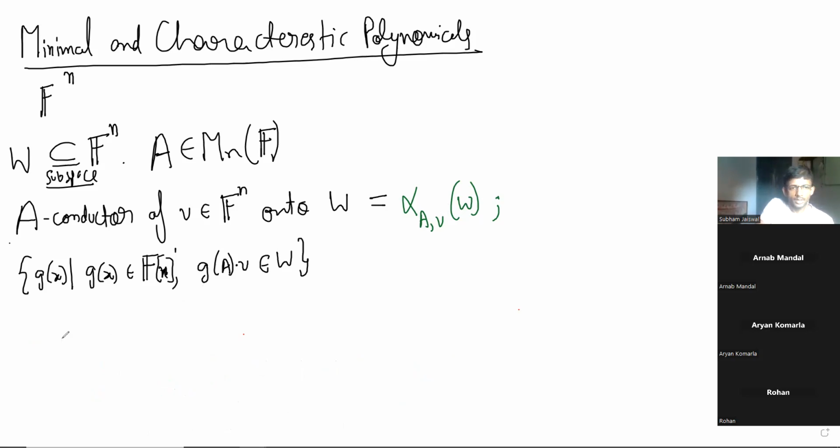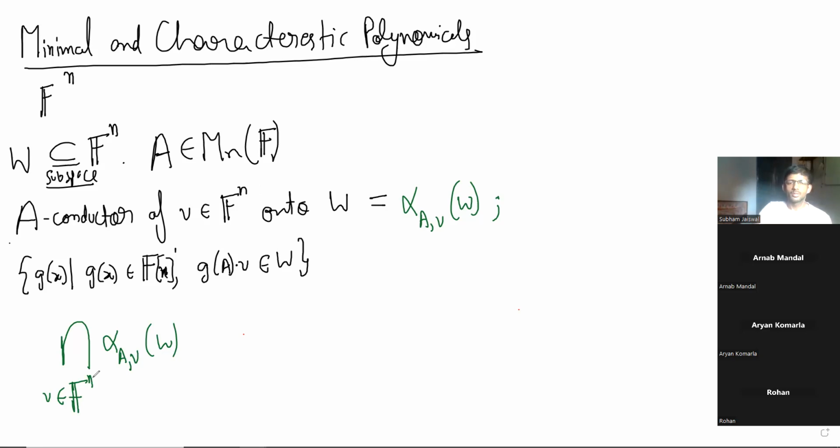Now you look at this thing. Take the intersection of this alpha A, V, W, where V goes over the vector space. So what is this? Very simple. It is those polynomials which, when evaluated at A and then acted upon V, push it in W for every V in the vector space.